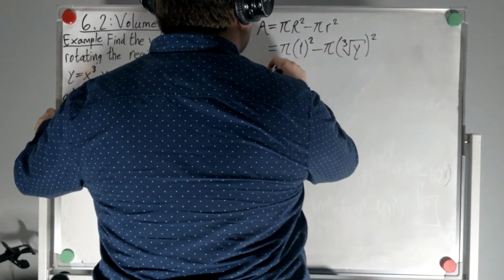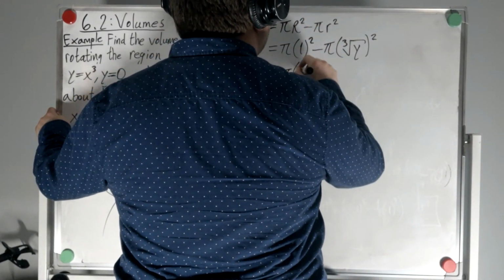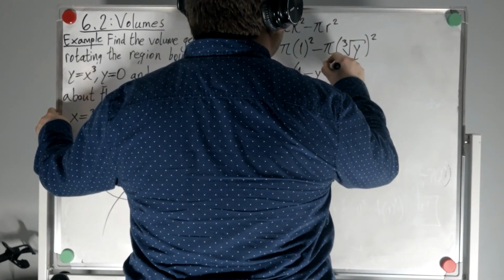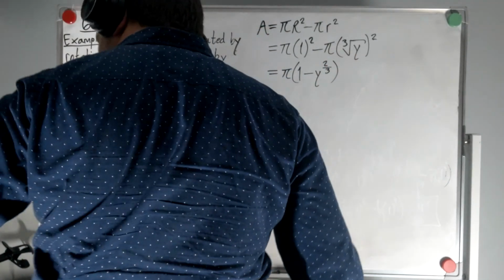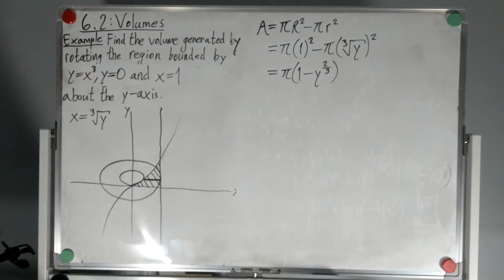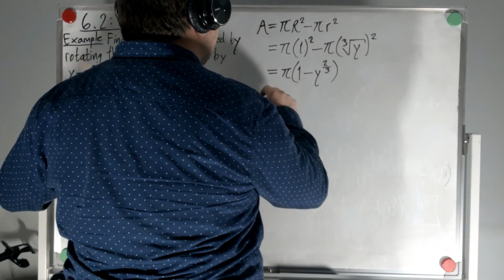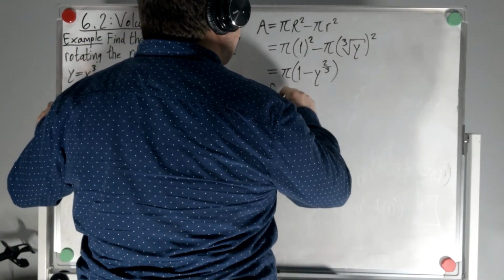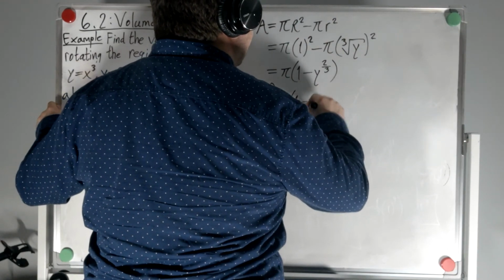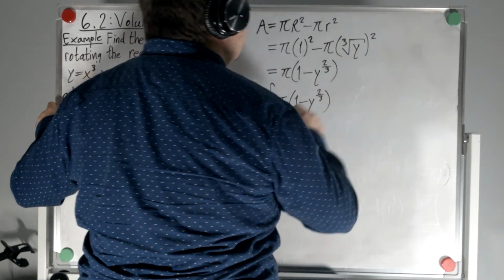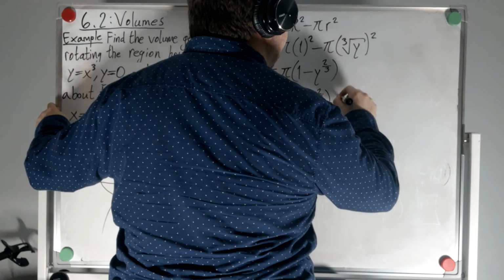So, this is just pi times 1 minus y to the 2/3. The volume is then going to be the integral of pi times 1 minus y to the 2/3 dy.